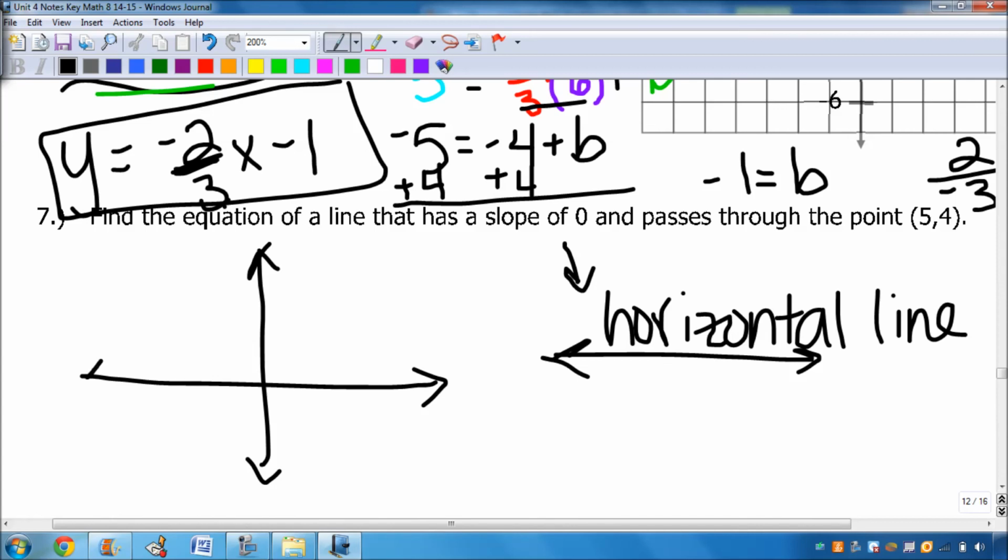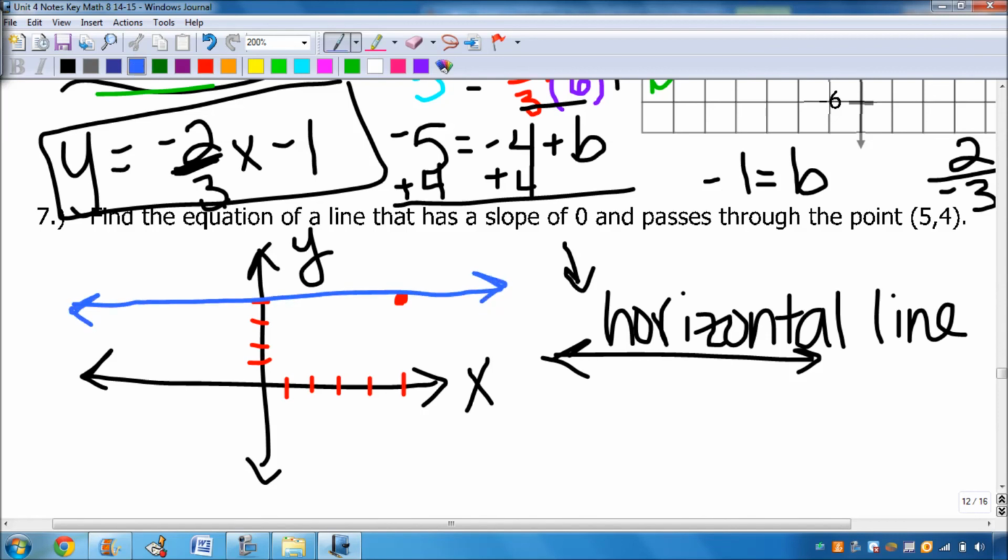So for a question like this, what I strongly suggest you guys do is just draw a sketch of it. So if it goes through the point 5, 4, I'd go to the right 5 and up 4. And I would put a dot right there. And it's a horizontal line, correct? So that means that it has to go straight across. Well, if you notice, it crosses the y-axis at 4.